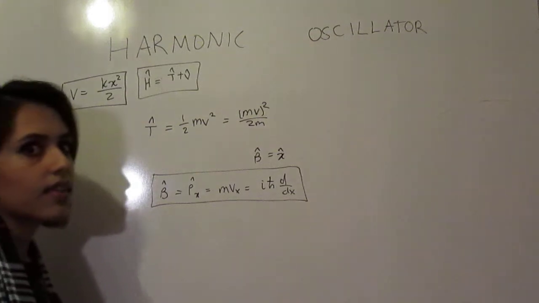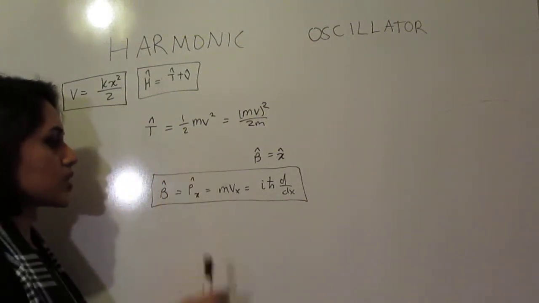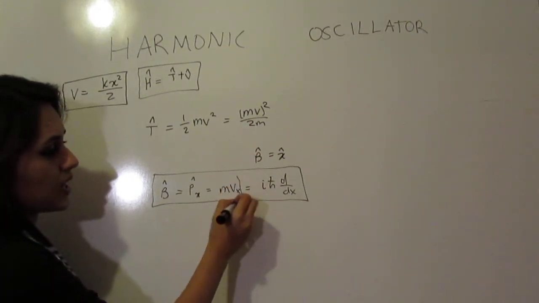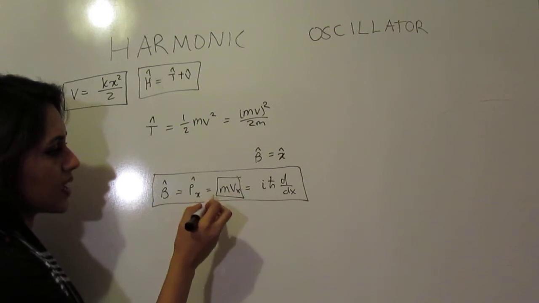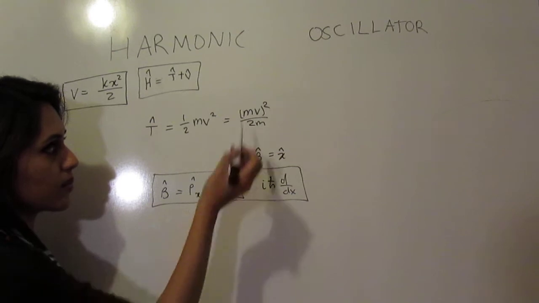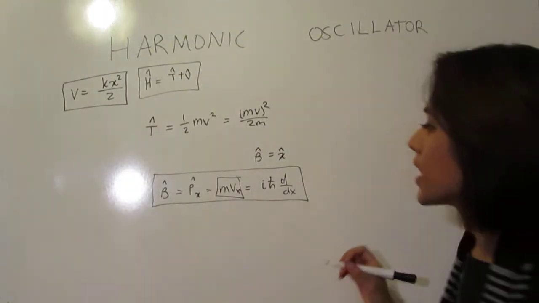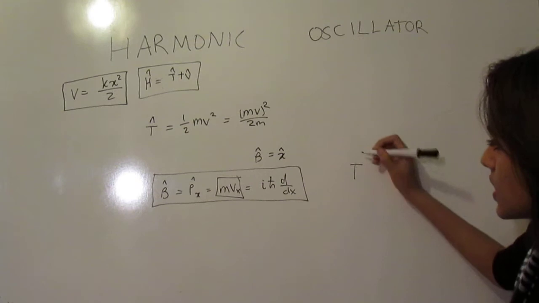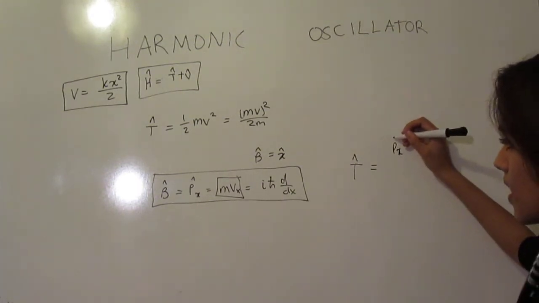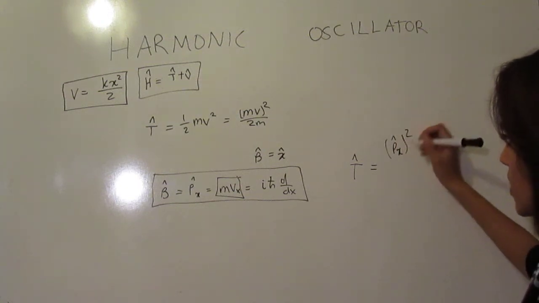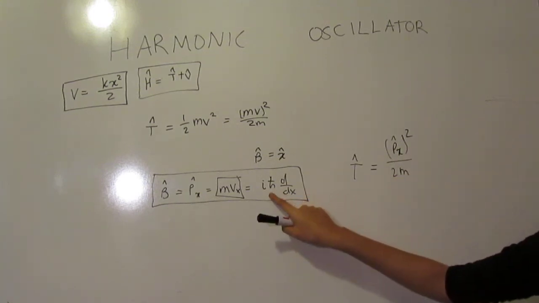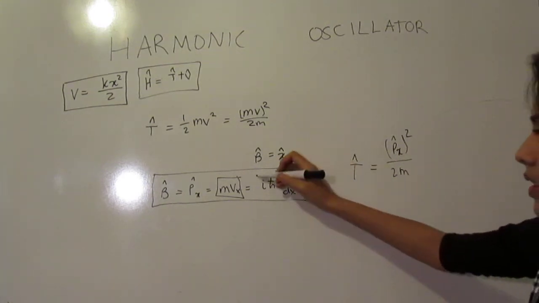And now we know this equation and we know this equation, so we find out that mv here is the same as the mv here. Because mv equals px, we can plug that in here. So what we basically have is the kinetic energy operator equals px squared over 2m, and we also know that px is equal to this value here.